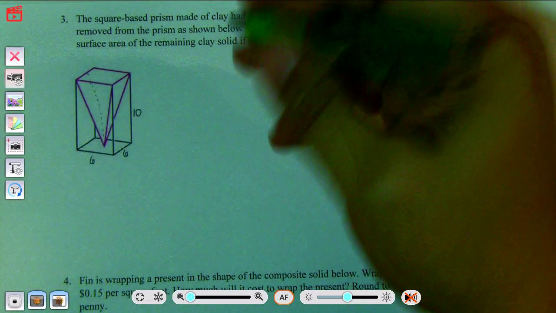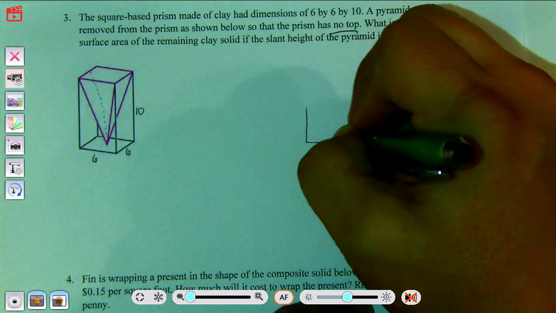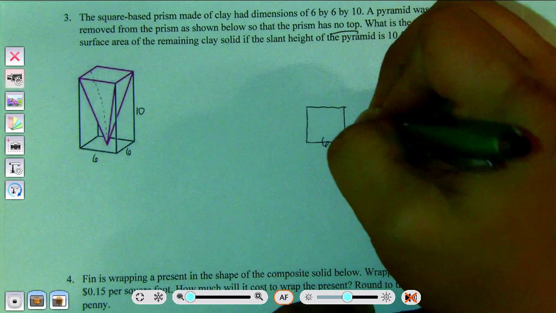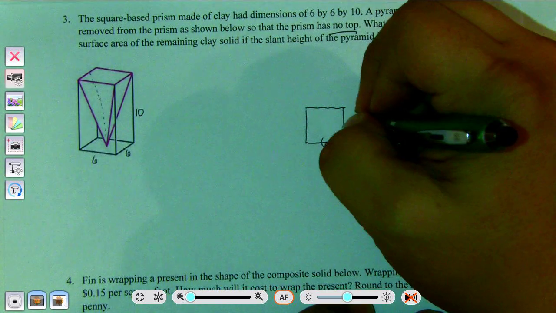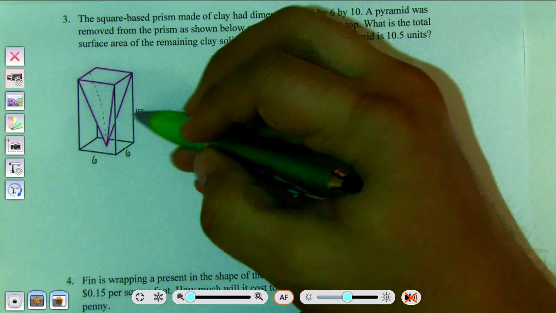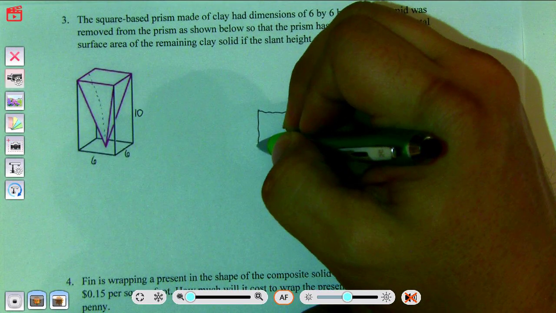So I could unfold this into a net. It's going to be kind of a strange looking net. So it's got the square from the base, which is 6 by 6. And if I unfold, we have our rectangles from the box.